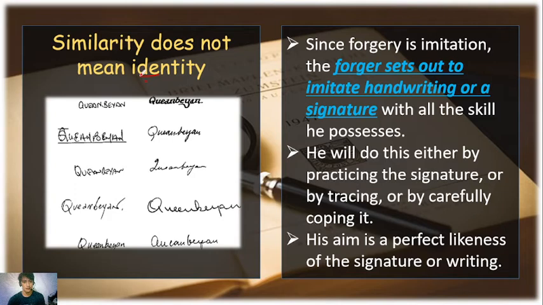So hindi ibig sabihin na yung signature, since it is the same, wag niyong sabihin na siya yung pumirma nun. Kasi baka pineke lang naman ng ibang tao. So dito maraming napapahamak na ibang tao. Or meron dito yung mga nabibiktima na nawi-withdraw yung account or yung savings sa bank account, kasi halos parehas yung signature.